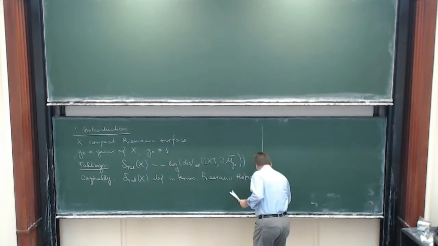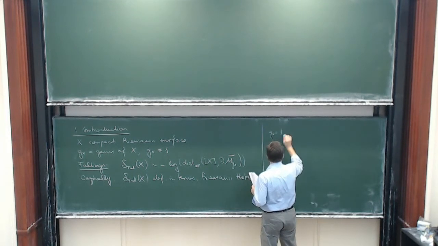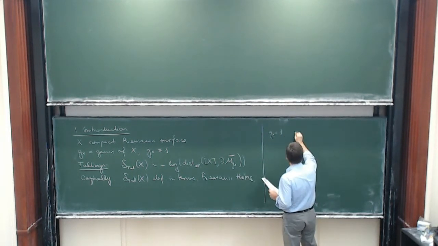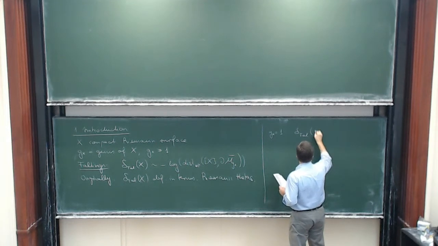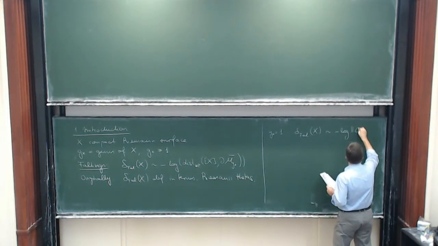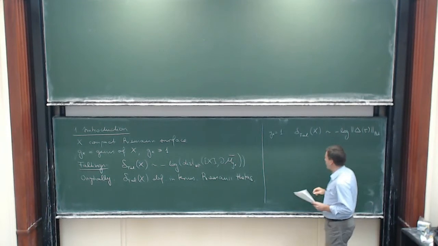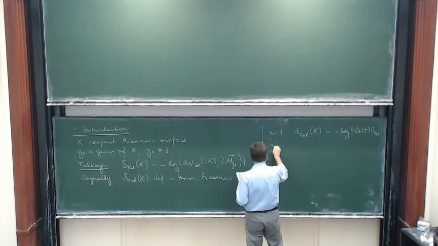Faltings himself treated the case g equals 1 for elliptic curves, where he related Faltings delta of X to minus log of the Petersson norm of the delta function, where tau is the period of the elliptic curve.